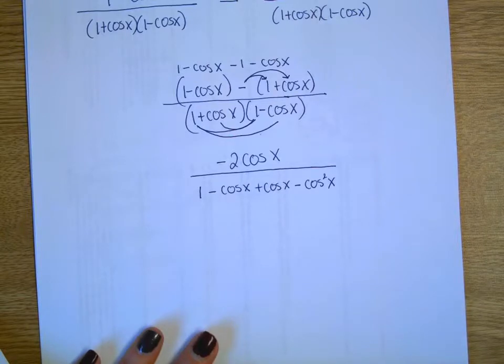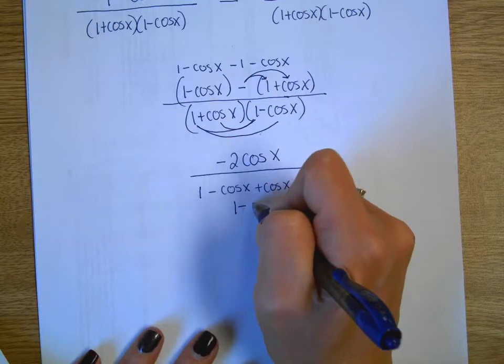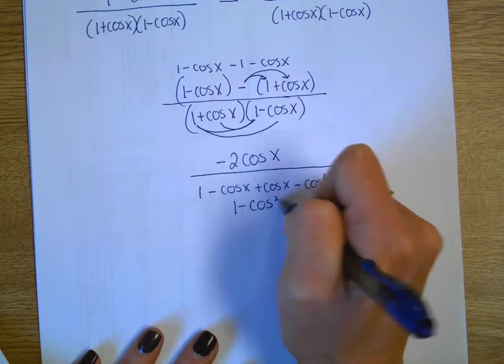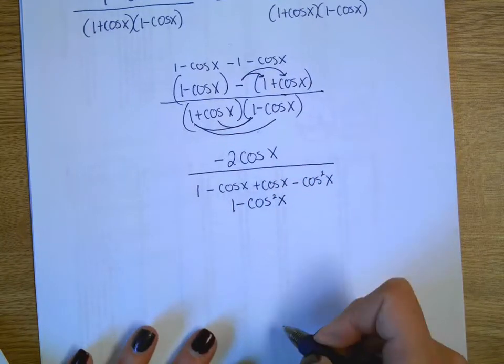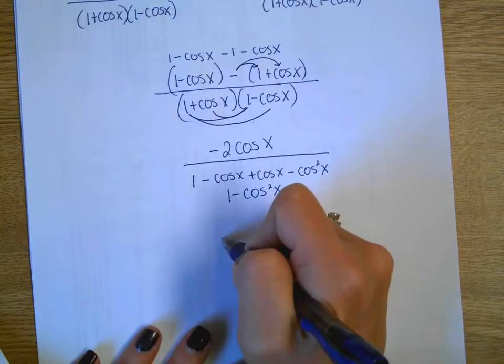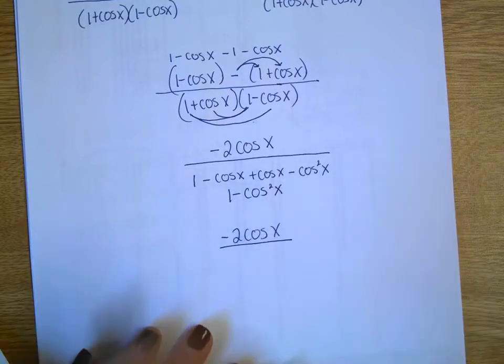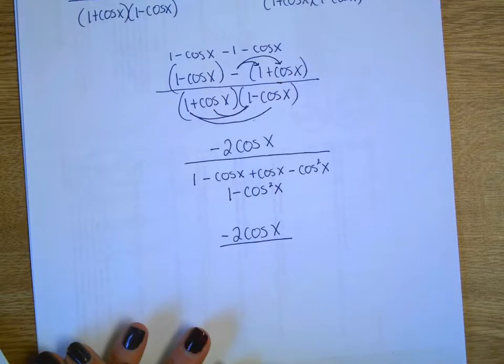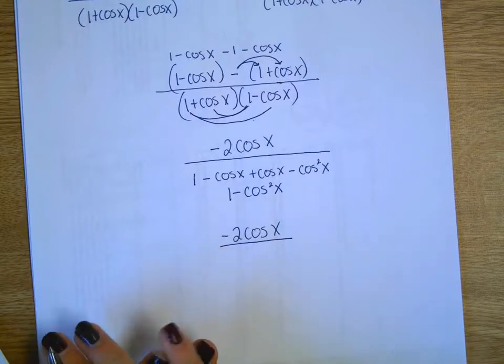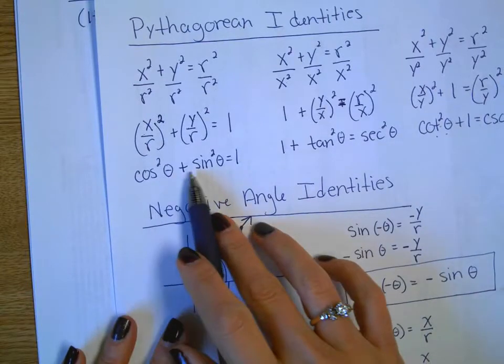So what do I actually have in the denominator? 1 minus cosine squared x. Wonder what that equals. One may never know. I've got this identity.